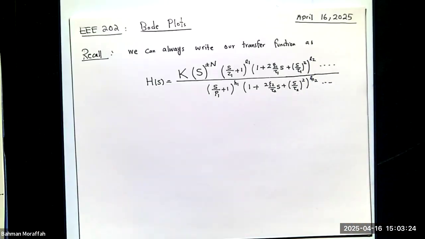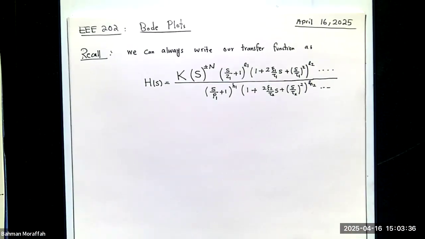So that was my decomposition. And we said there are some advantages to decomposing my transfer function into a form that looks like this. So let's define quickly what these terms are and what the advantage of this form of writing is.